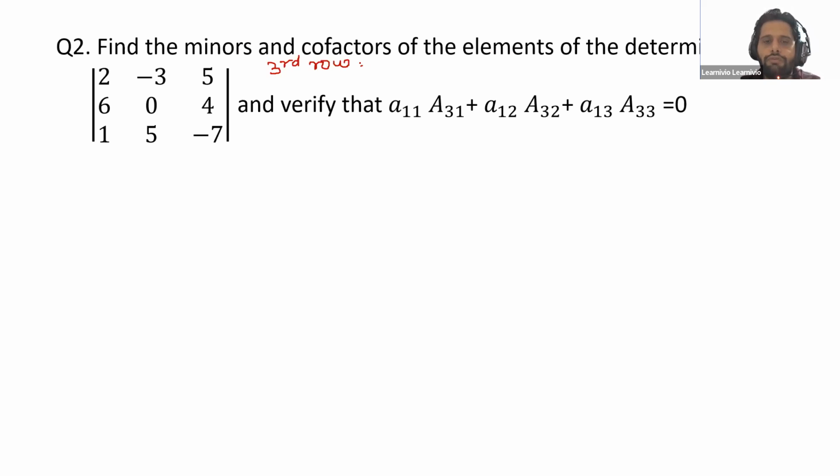So you need to find the minor and cofactor of the elements of the third row only, and then verify this. First of all, please find the cofactors and confirm to me, then do the second point. Everyone, please start this question.